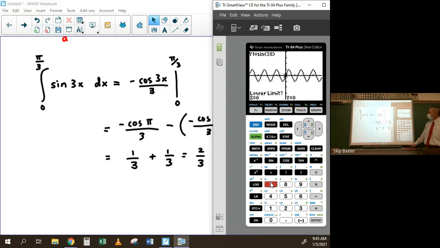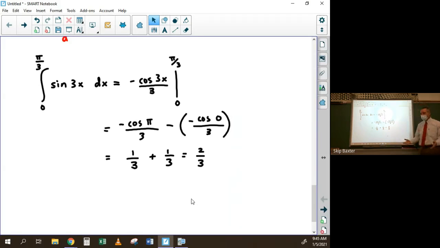So choice 7, they'll ask you for the lower limit and the upper limit. The lower limit is the bottom number, the upper limit is the top number. So it would be from 0 to the upper limit would be pi over 3. And then it'll calculate that definite integral for you. Okay, so two different ways to do it on your calculator.